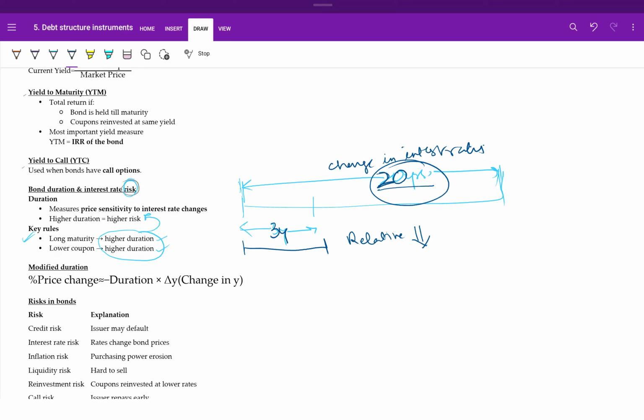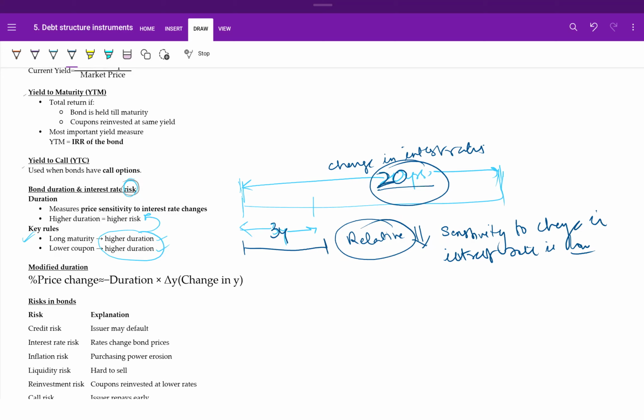The sensitivity to change in interest rate is low. Why am I using relatively? Because when you are comparing things, you cannot compare in isolation.